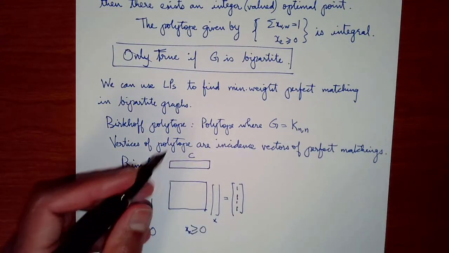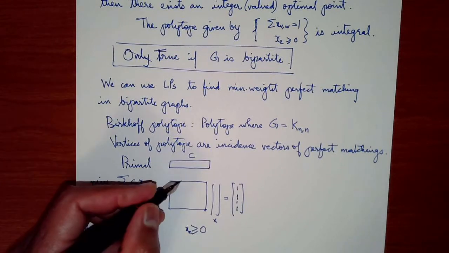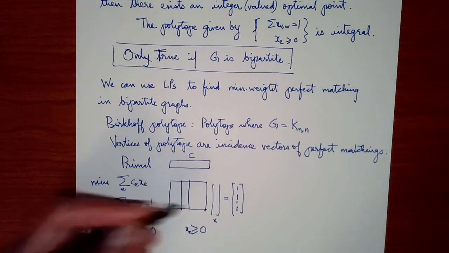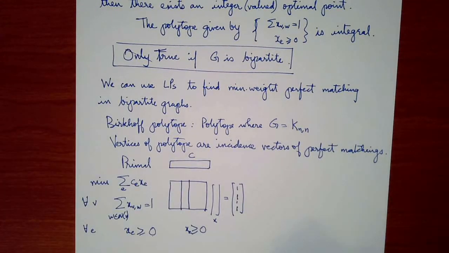Right? I have a non-negativity constraint. Okay, let's look at any column of this matrix. What does the column look like? So remember, a column corresponds to some edge. How many non-zeros are there in this column? So I want to write the dual.